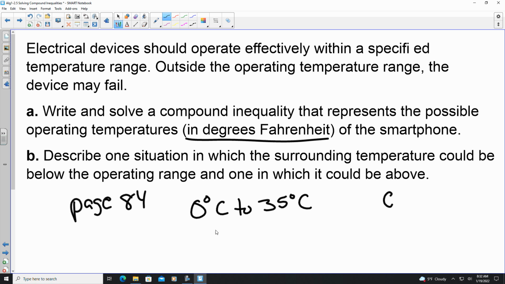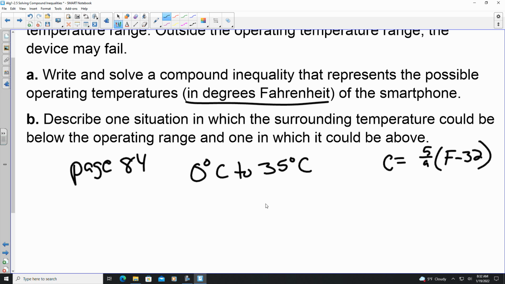In order for us to convert Celsius to Fahrenheit, we have to use the formula of 5/9 times the quantity of Fahrenheit minus 32. So instead of using Celsius, which is technically the temperature range, if you were to write this as an and statement, it is going to be 0 is less than or equal to whatever degree Celsius you have, which is less than or equal to 35 degrees Celsius. So this would be the representation in Celsius, but they want us in Fahrenheit.